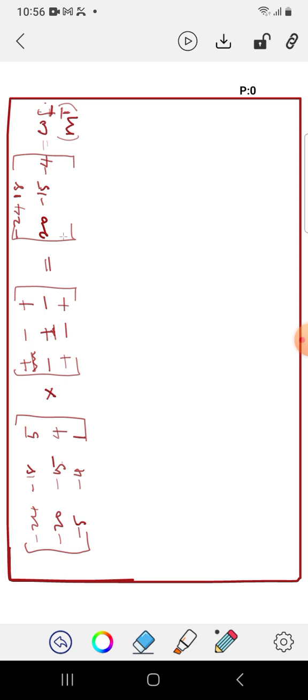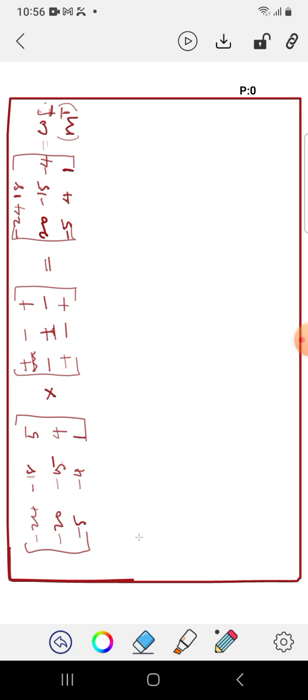All right, so we'll move to the last one. Minus 5 times plus, that's minus 5. Then minus 4 times minus, that's 4. That's 4. And 1 times, that's 1.